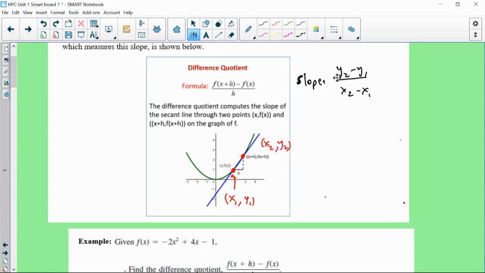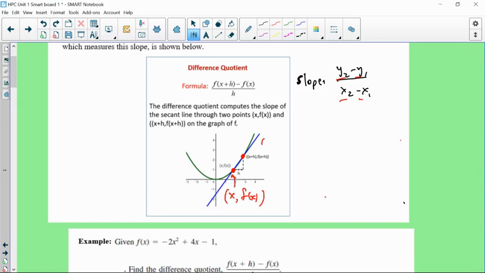So you do your slope, y2 minus y1 over x2 minus x1. Well, what if you just notated it differently? What if instead of calling this x1 and y1, you said, we'll call this x comma y, but instead of y, call it f of x, whatever that function value is.